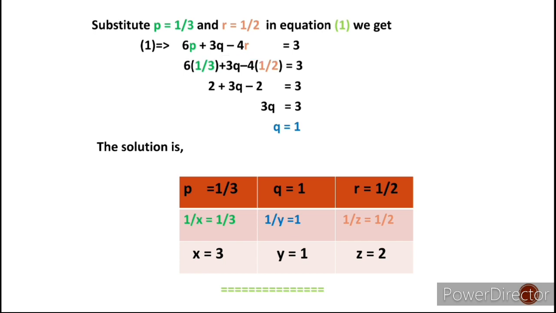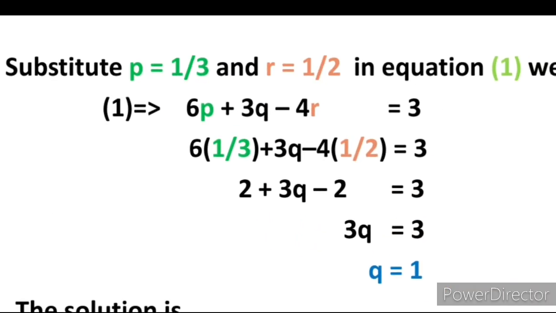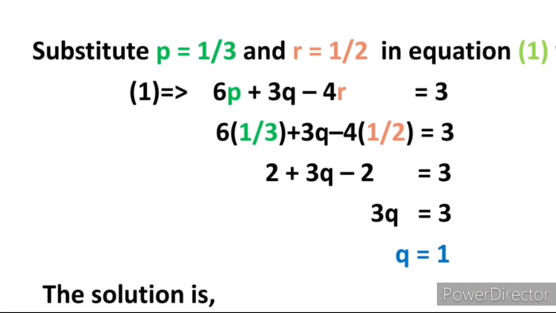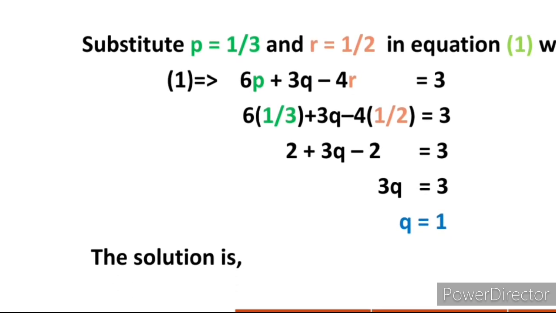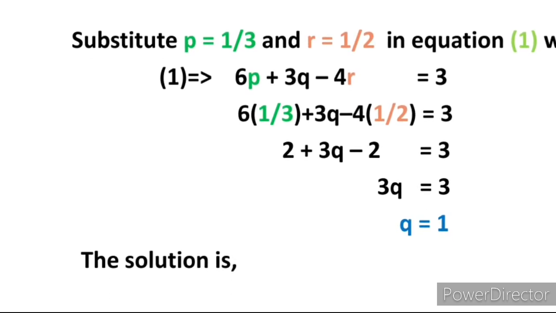So instead of p I write 1 by 3, instead of r I write 1 by 2. So 6 into 1 by 3 plus 3q minus 4 into 1 by 2 is equal to 3. Simplify this, 3 ones are 3, 3 2s are 6, I write 2 here, then 2 ones are 2, 2 2s are 4, so remaining 2 here.